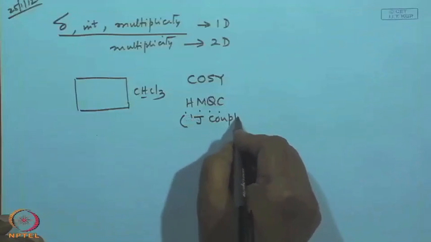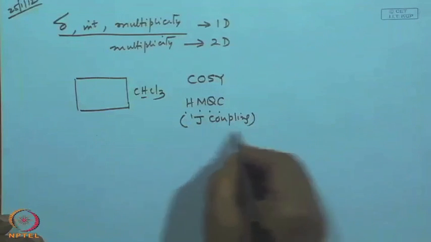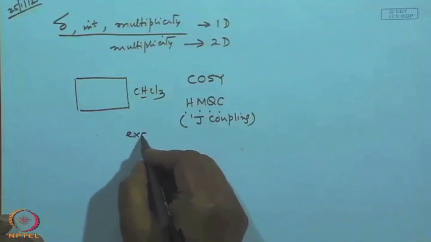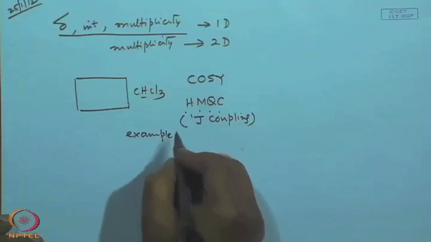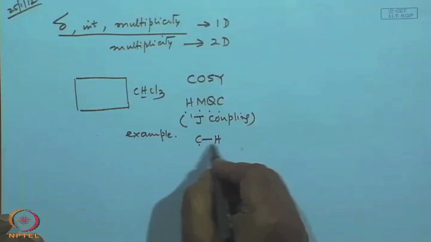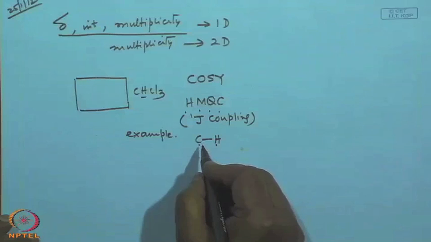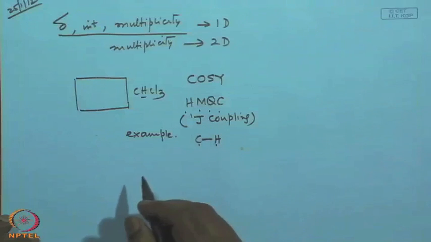How is that? 1J coupling means, for example, let us say you have a coupling between this carbon and hydrogen, and the number of intervening bonds between them is 1. So, this is called 1J coupling. If these sort of couplings are shown in a 2D NMR spectrum, that is called HMQC.